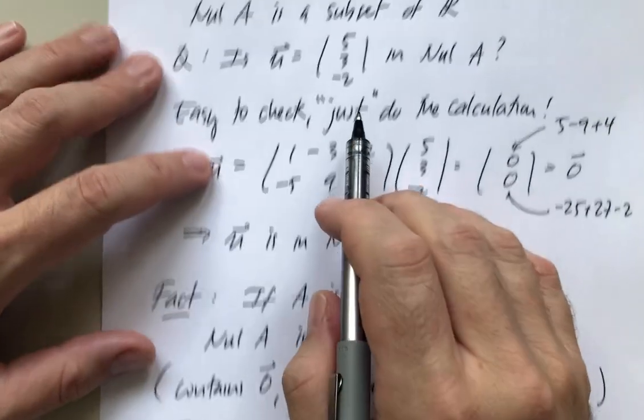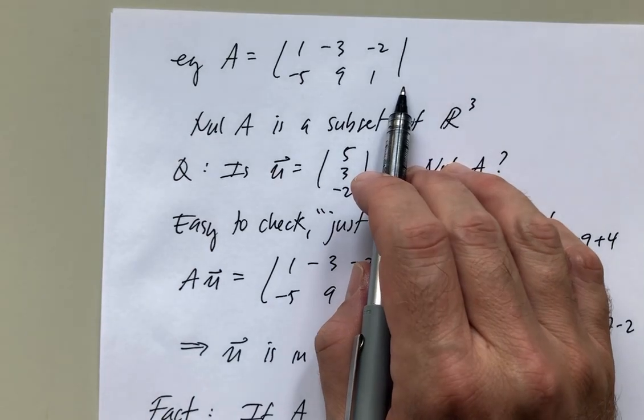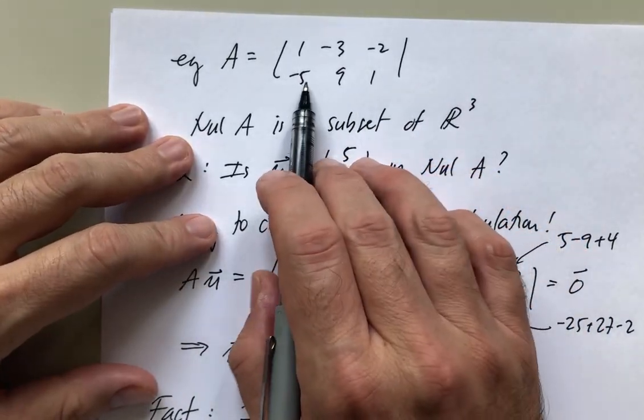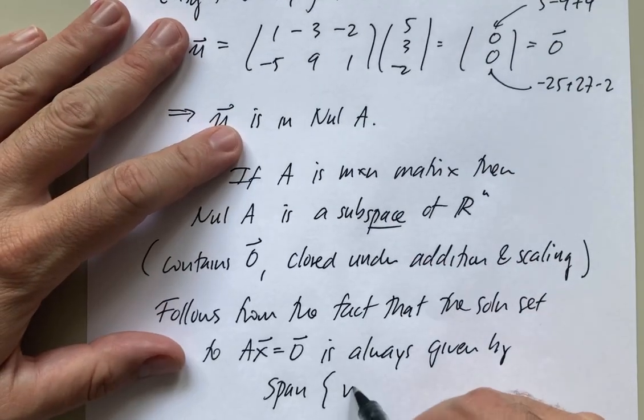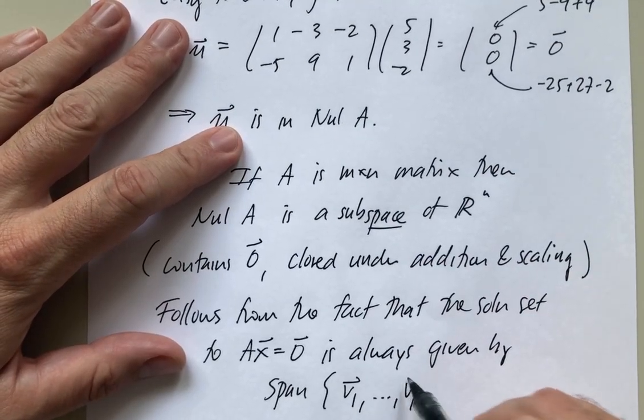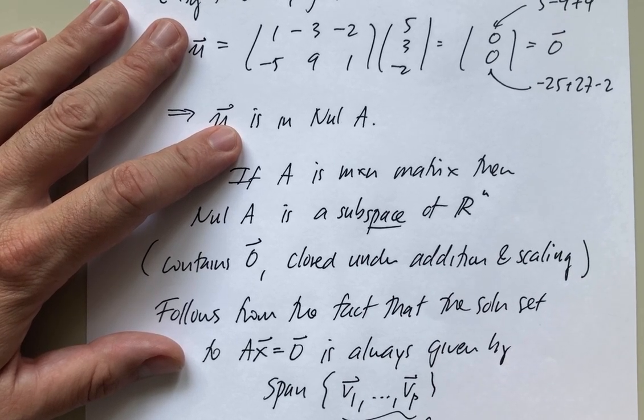If you remember, when we were talking about solving homogeneous systems, you row reduce the matrix, and in the end what you get is the span of a bunch of vectors v1 through, let's say, vp, where you have one for each free variable.